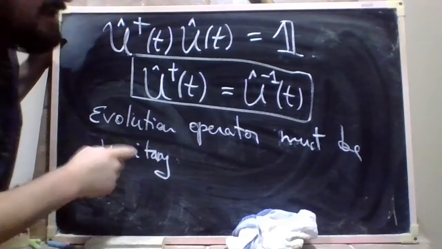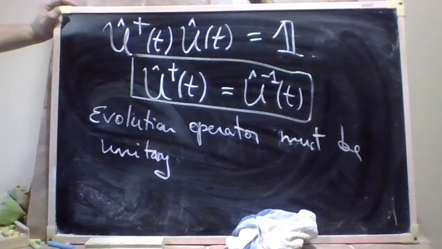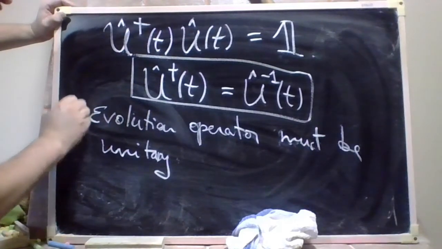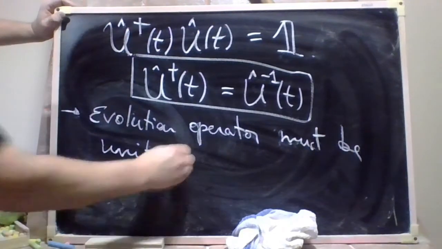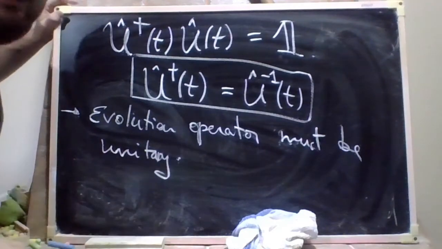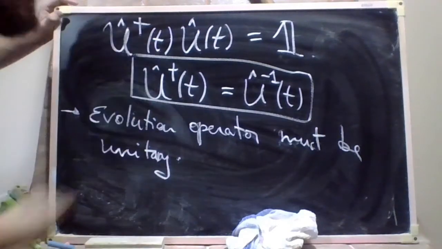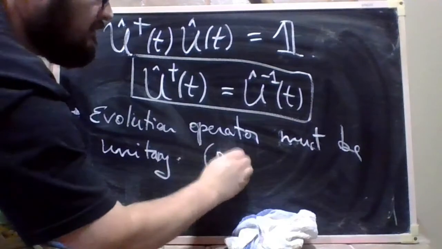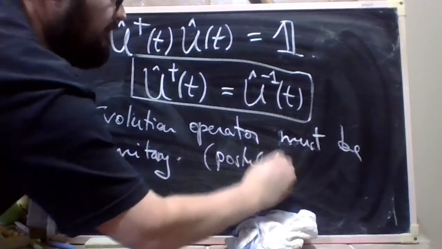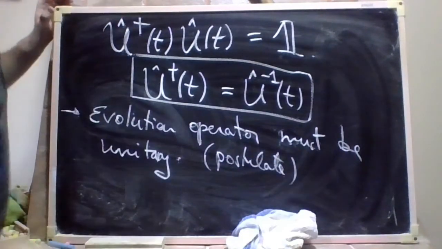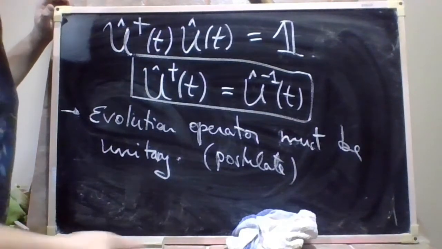This is another postulate of quantum mechanics. The evolution operator must be unitary. It can be raised to the status of a postulate. It is just a consequence, perhaps, of the probabilistic interpretation.